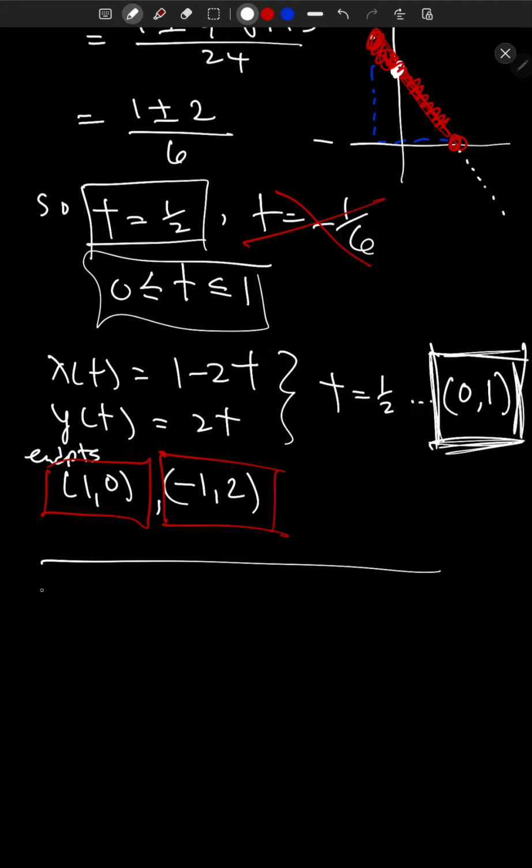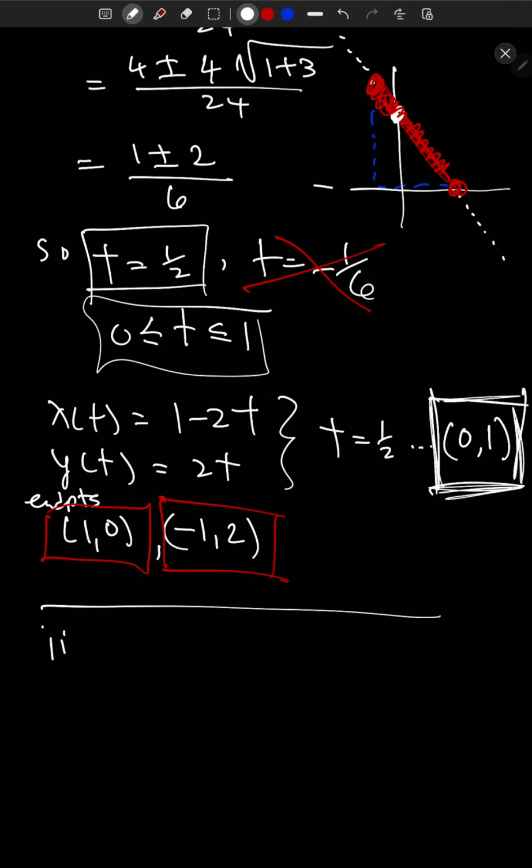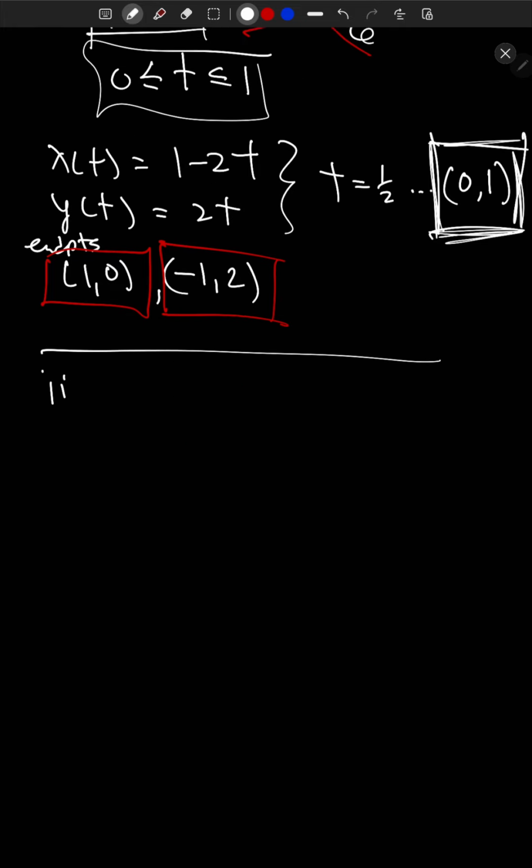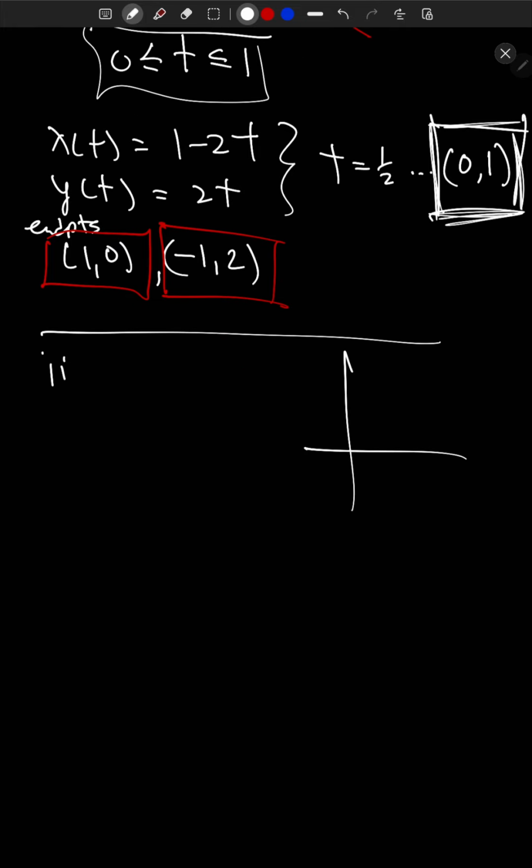Let's do number 2. So number 2 is this bottom line segment, and let me actually redraw the picture here. So now we're looking at this segment right there. We're not worried about that. My endpoints are, in this case, (-1, 0) and (1, 0).